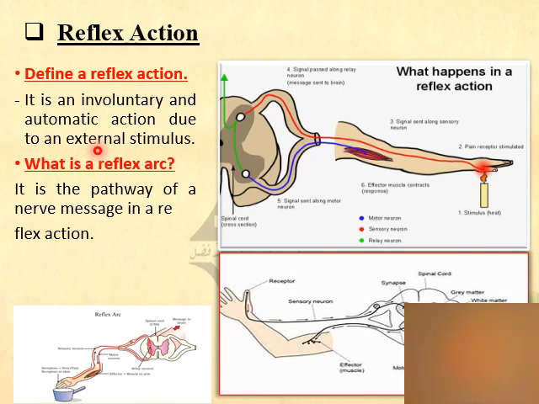I want you to know that it takes place due to a stimulus because there are many involuntary actions done in my body, such as the heartbeat, breathing, and also digestion. But the difference between these involuntary actions and the reflex action is that the reflex action takes place once you receive a stimulus.